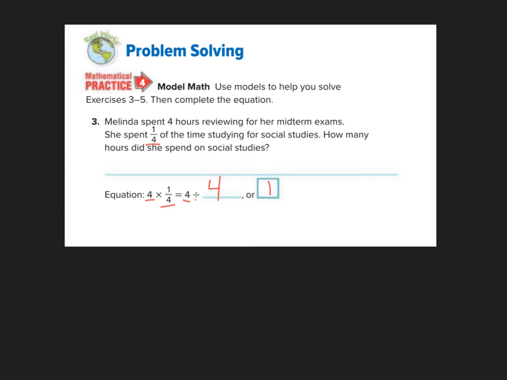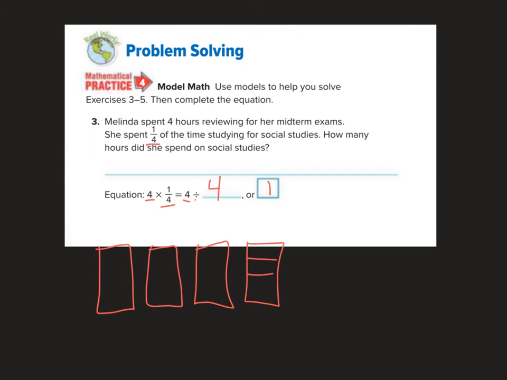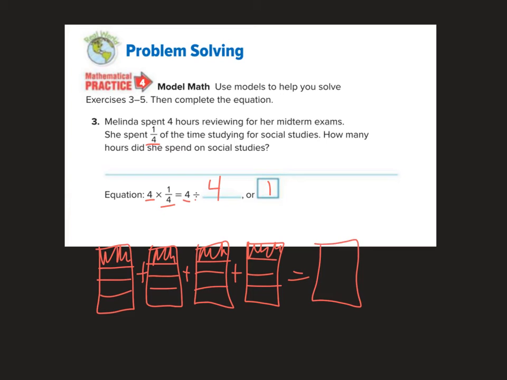Okay, so let's take a peek at that. If I was going to show repeated addition, I need 4 groups, and they each need to be divided into 4 equal pieces, which means I need to draw 3 lines. And then I'm taking 1/4 plus 1 out of 4 plus 1 out of 4 plus 1 out of 4, which is going to equal, I need to have one box here that has 4 equal pieces.